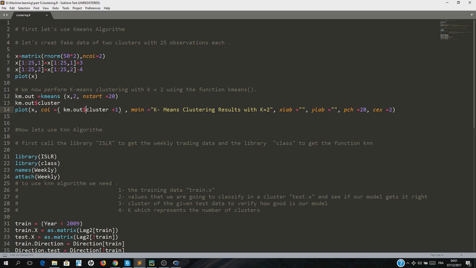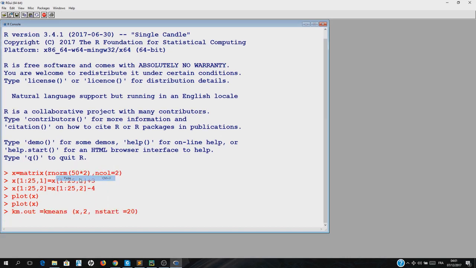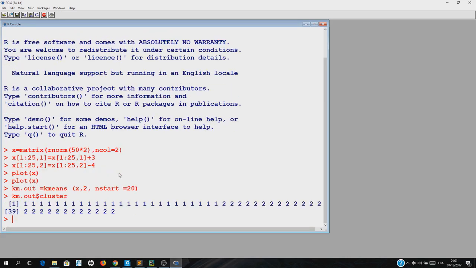So one of them is going to be red. Let me show you here. You can see that these are all our data points, the 50 data points I told you about, and all of these are in cluster number 1, and all of these are in cluster number 2.